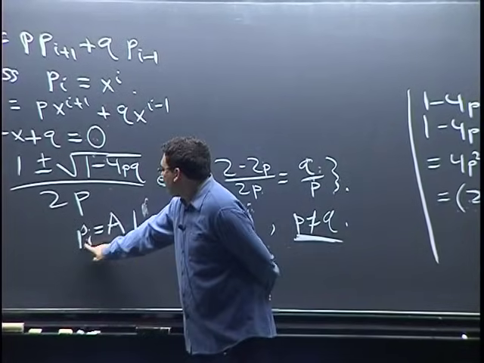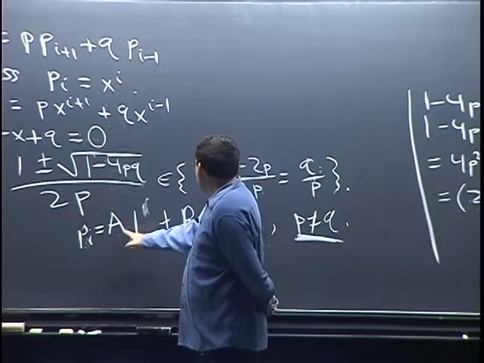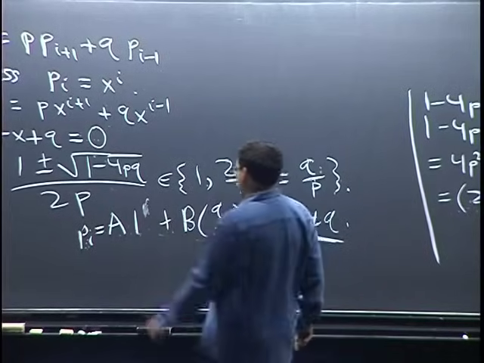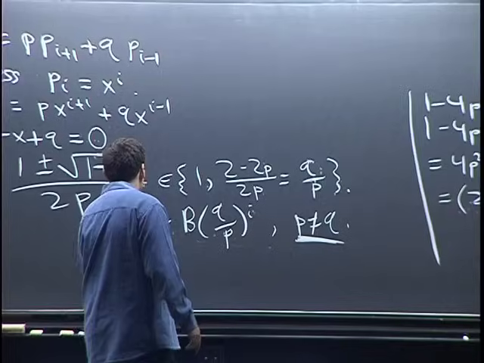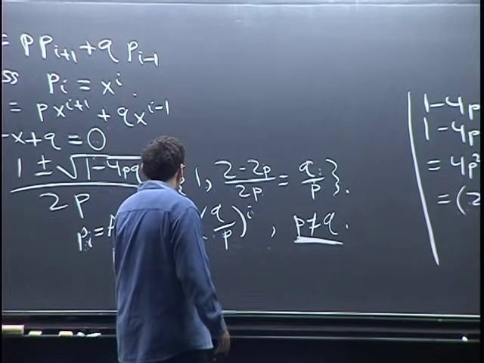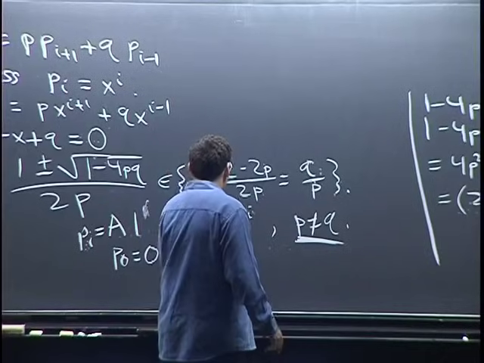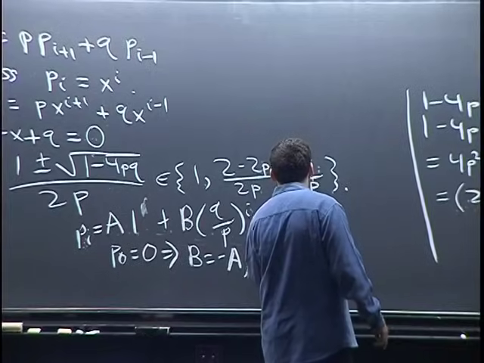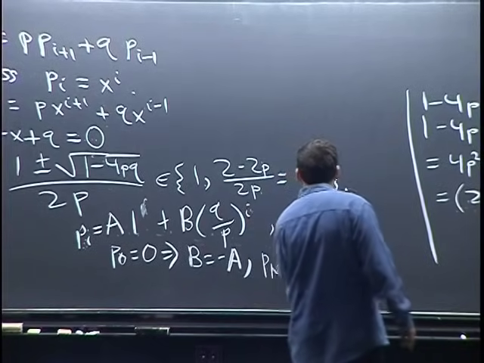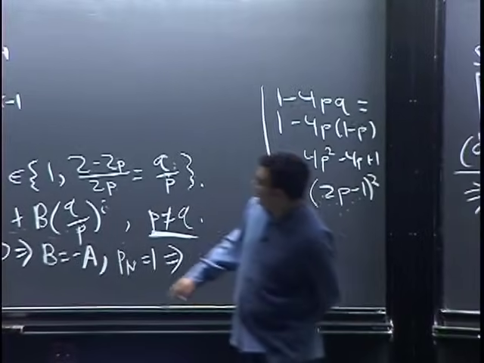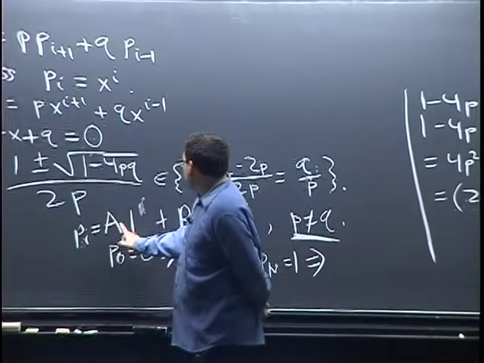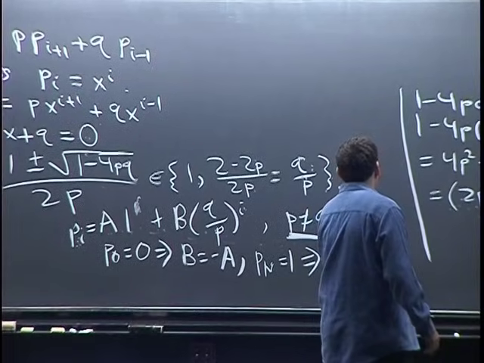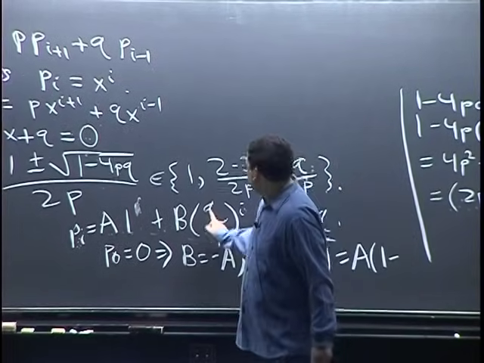Plugging in p_0 equals 0 gives just a plus b, so in other words, b equals minus a. Then if we plug in the other condition we know, p_n equals 1, that says 1 equals a times (1 minus (q over p) to the n), factoring out the a.